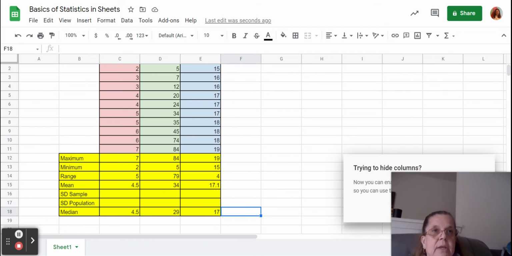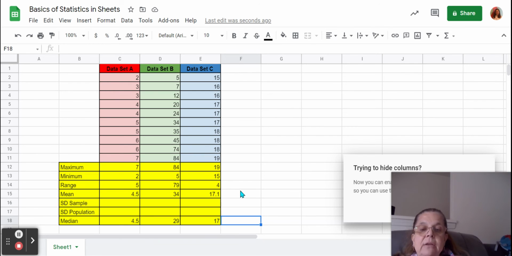Standard deviation is sometimes a little bit hard to understand as a concept. By definition, it tells us how spread out data is. So eventually we're going to look at those bell curves that you've learned. In the bell curve, the standard deviation tells you how far away every one of these values is from the mean.